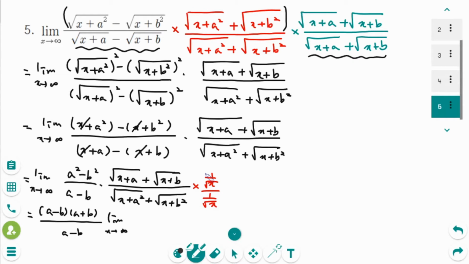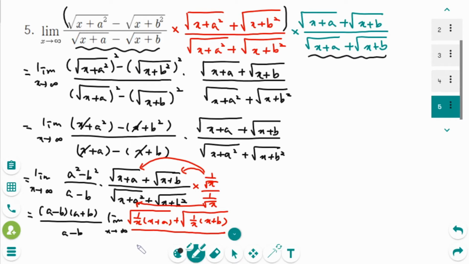So put here is 1 over x, x plus a plus this one 1 over x, x plus b over the first one square root of 1 over x, x plus a squared plus square root of 1 over x, x plus b squared.